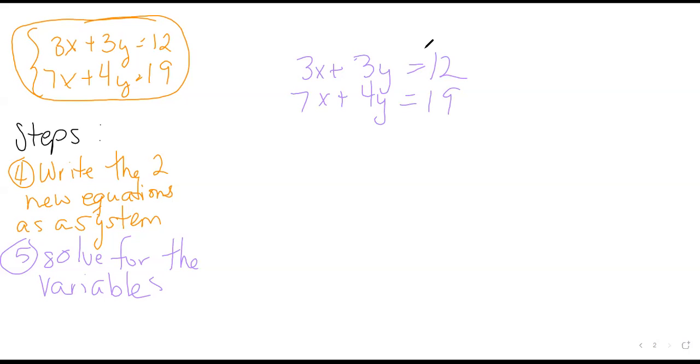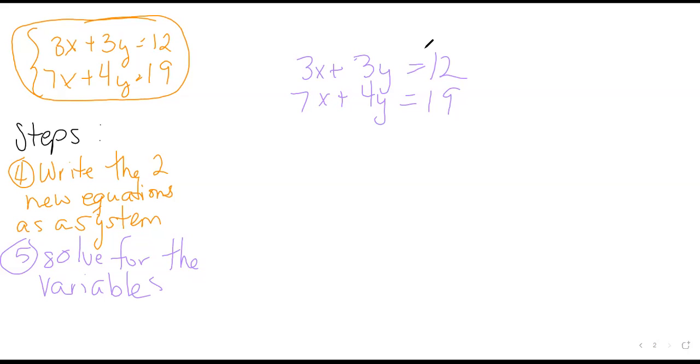X. X, okay. So now I need to figure out what number 3 and 7 can have in common so that I can cancel them out. Unfortunately, 3 and 7 don't really have anything in common until you multiply 3 times 7 and 7 times 3, right?